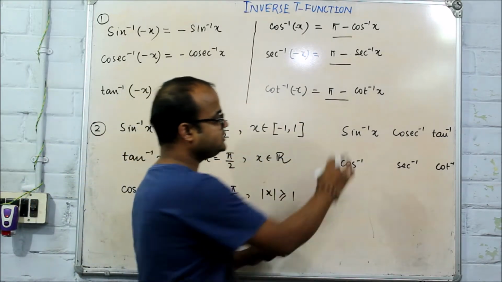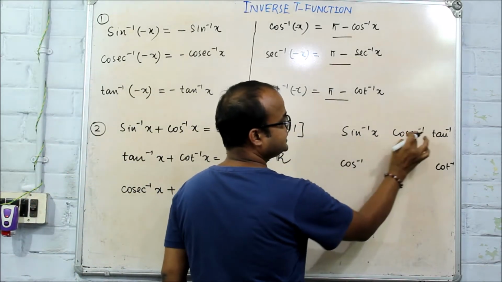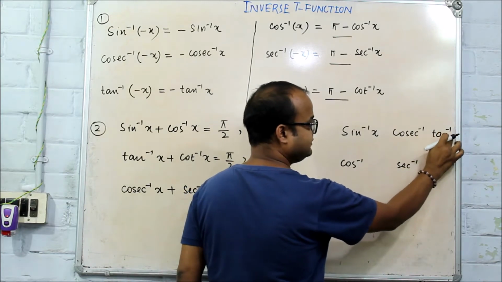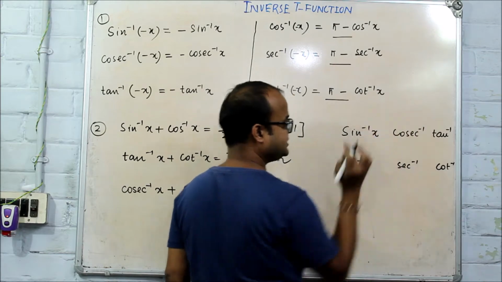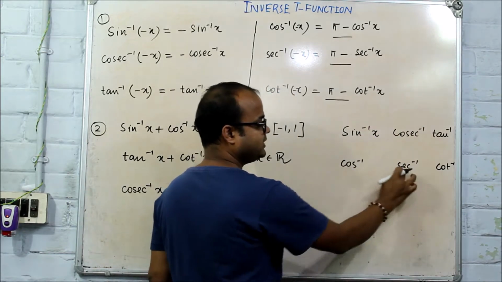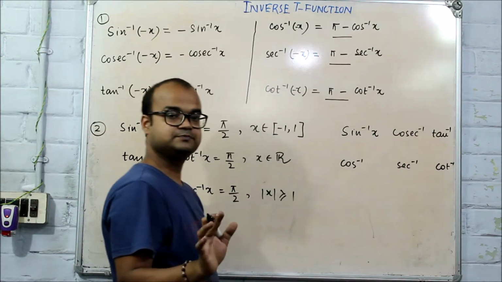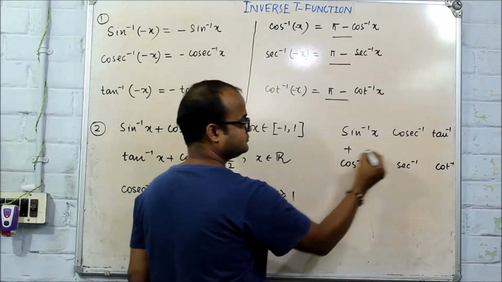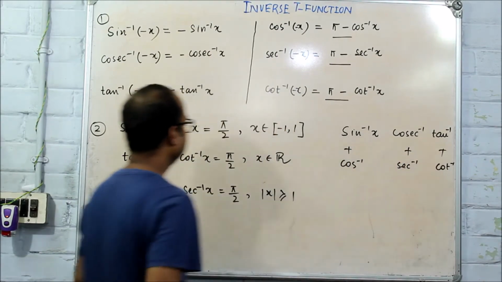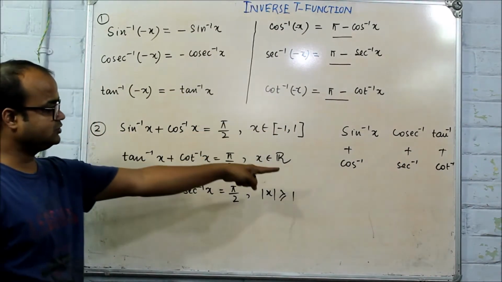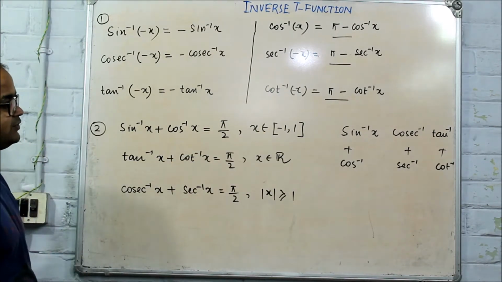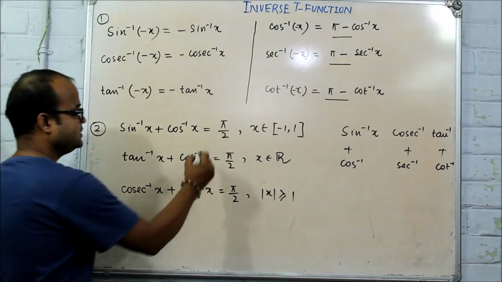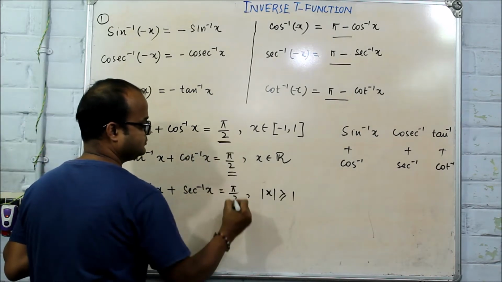In this case, sine inverse of minus x, cosec inverse of minus x, tan inverse of minus x is minus sine inverse, minus cosec inverse, minus tan inverse. Here it is pi minus, pi minus, pi minus. Sine inverse x plus cos inverse x, cosec inverse x plus sec inverse x, tan inverse x plus cot inverse x. The result is pi by 2.